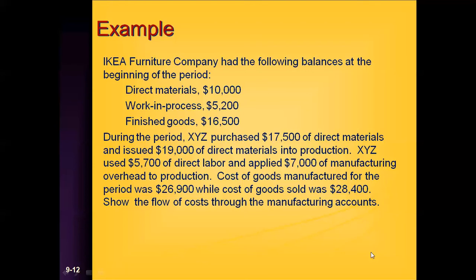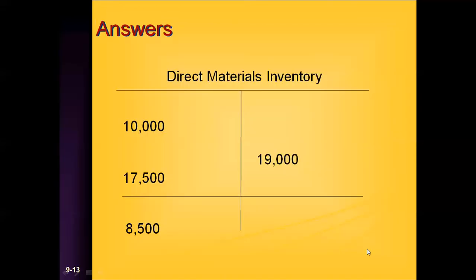So let's see how we might record these in a direct materials inventory T account. As we stated, there was $10,000 in the direct materials inventory at the beginning of the period.